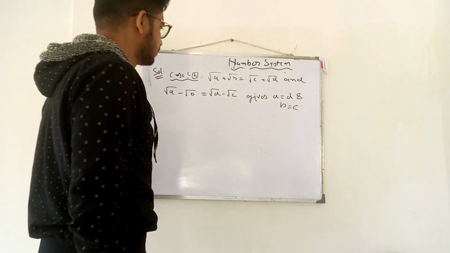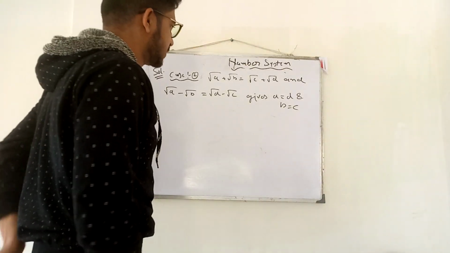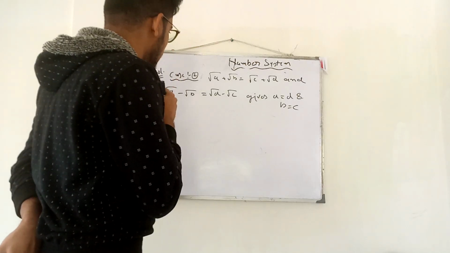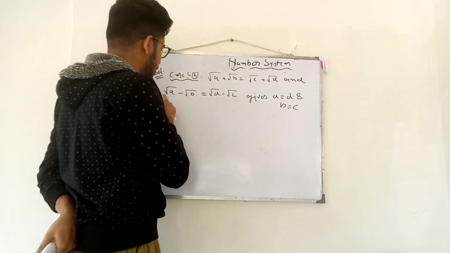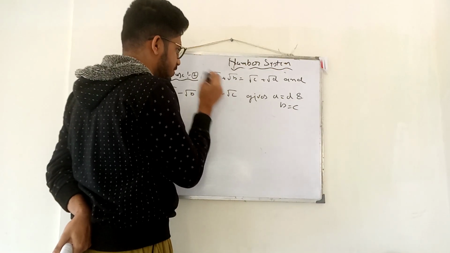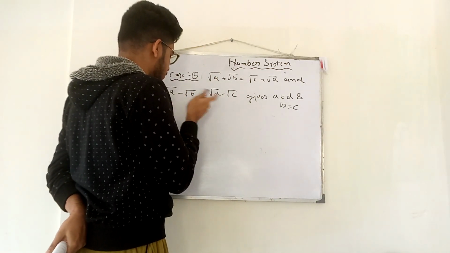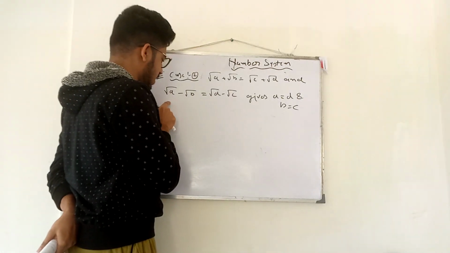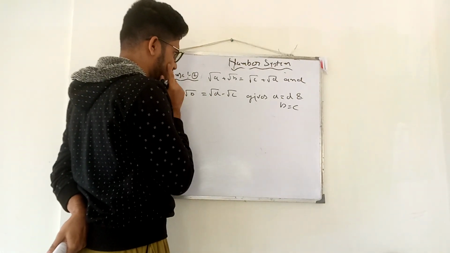Here the one question is, if root a minus root b is equal to root d minus root c, then after squaring both sides, a is equal to d and b is equal to c.